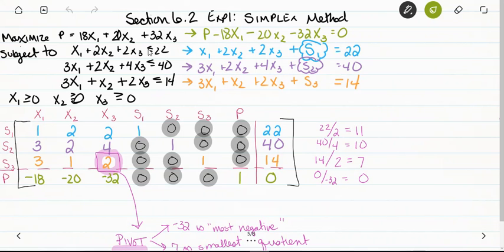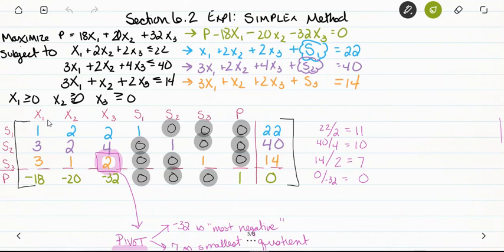I'm not going to read them, but they're the 3 subject to inequalities that we see here. And we're going to start by just stating that our variables are all going to be non-negative. So in other words, our x1, x2, and x3 are all going to be positive.